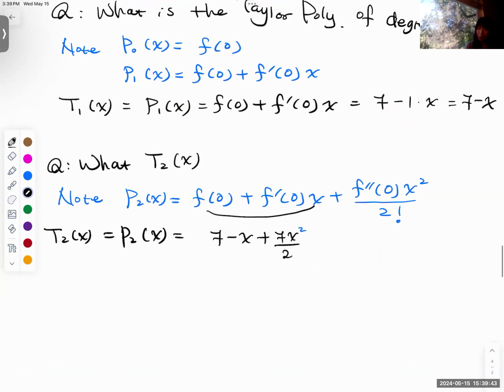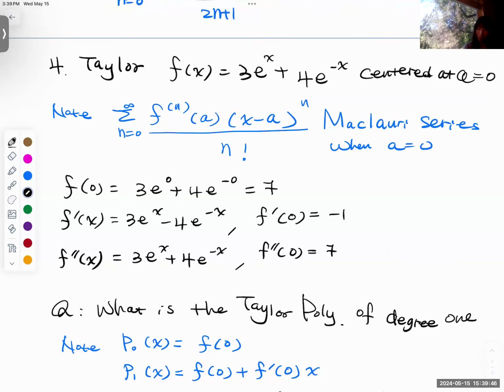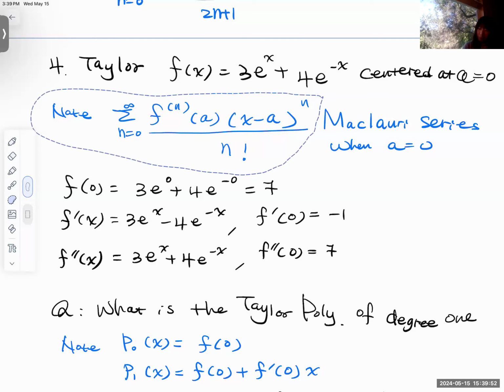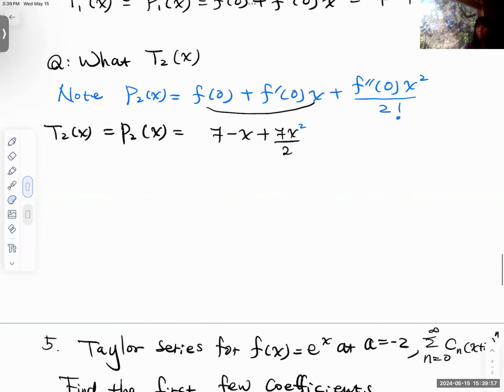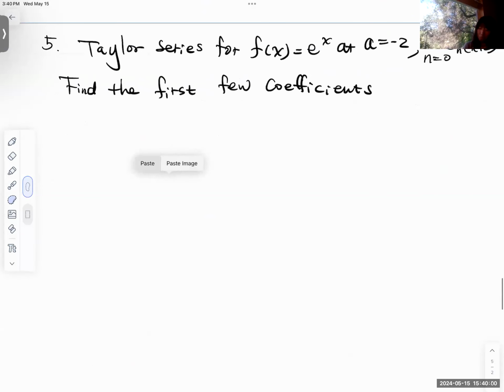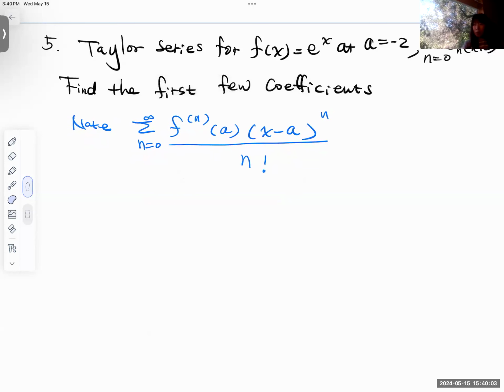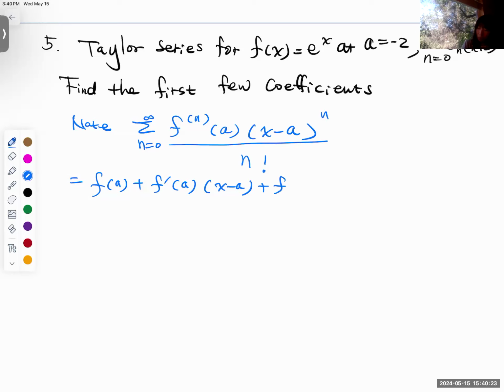Okay, so we are using the formula again, right? This is Taylor. So we knew this one, we had experience earlier. So first one, second one, third one.